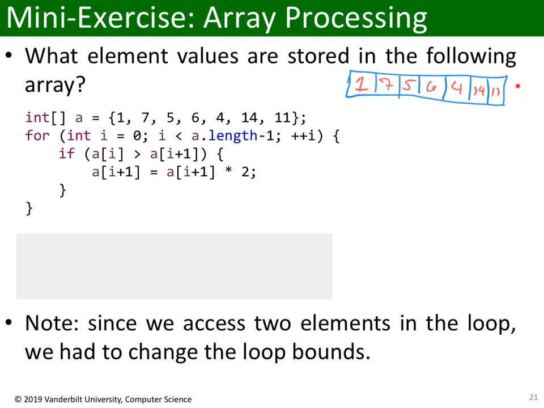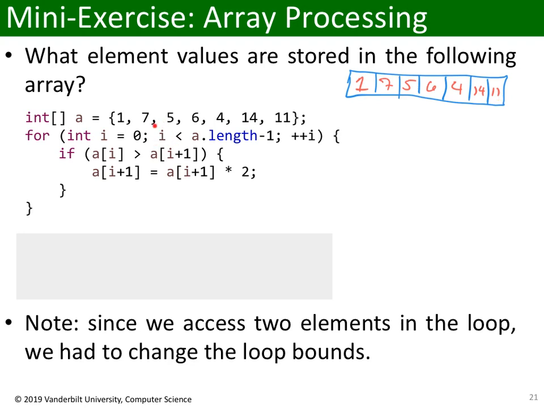And there is no element 7, and this would be a runtime error. So we had to adjust this so that we would stop processing at a.length minus 1, which would be 7 minus 1 is 6.